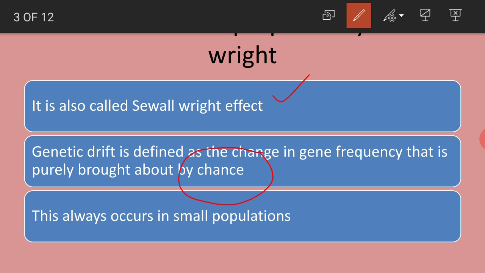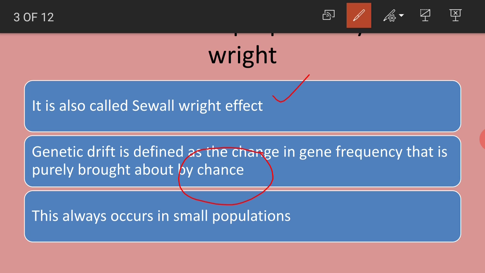That means a particular gene may get established within the population or it may get eliminated from the population. That means fixation of certain characters or elimination of certain characters is facilitated by genetic drift.